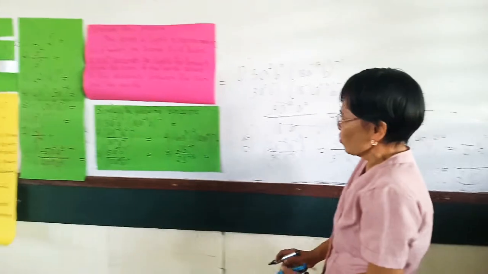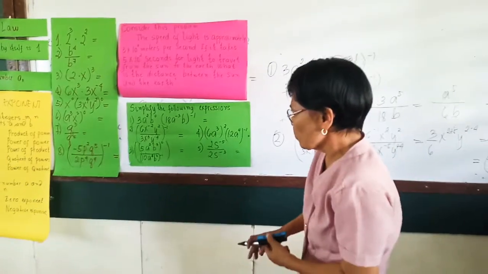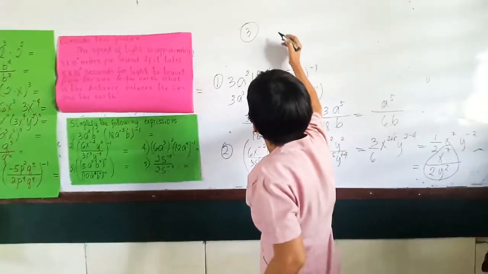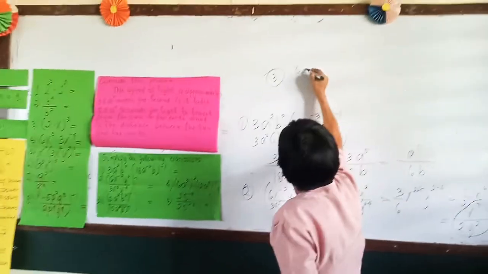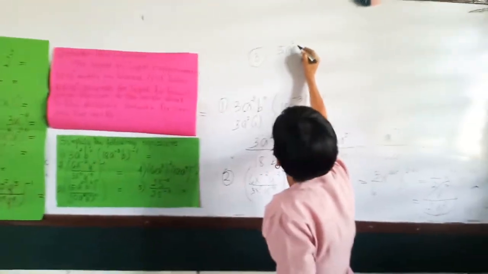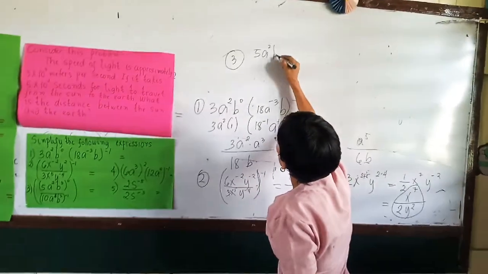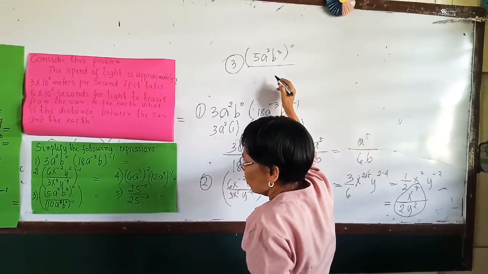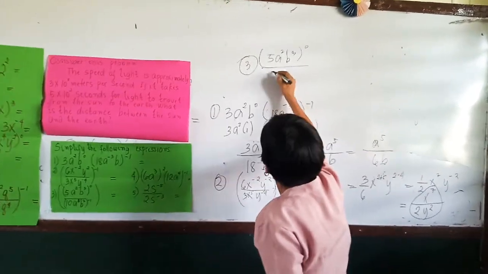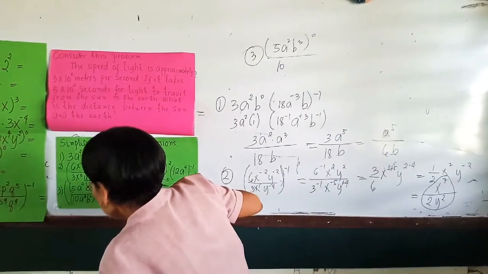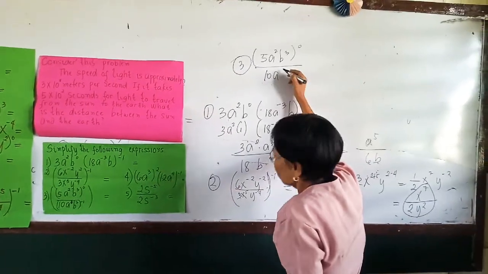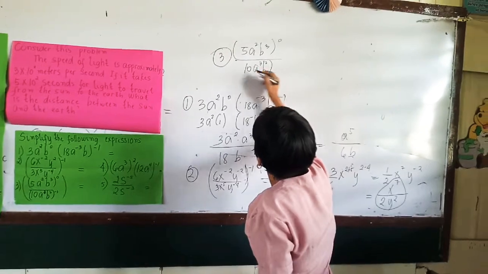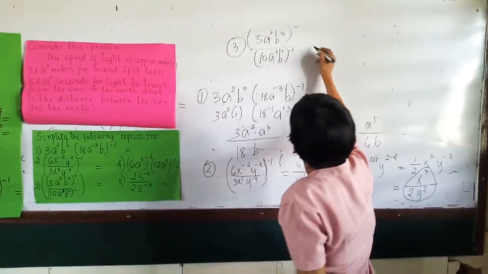Yes. So let's proceed to number 3. Okay, number 3. 5 a squared b cubed raised to the power 0 over 10 a cubed b 2 to the negative 1 equals.